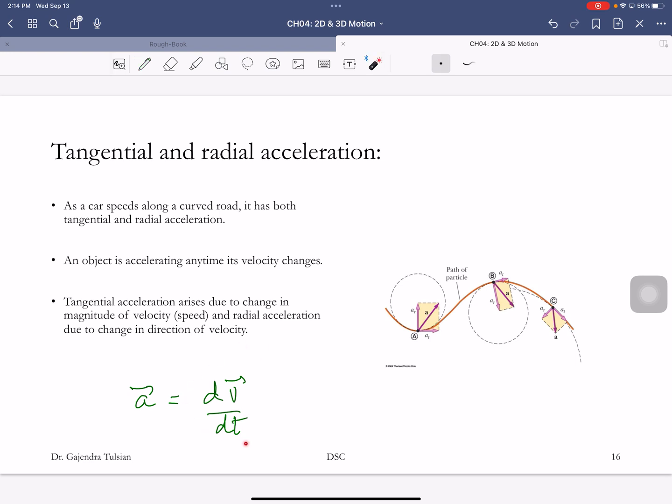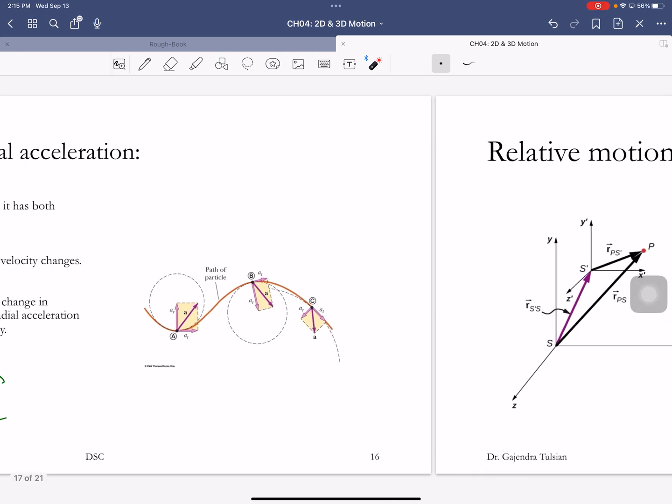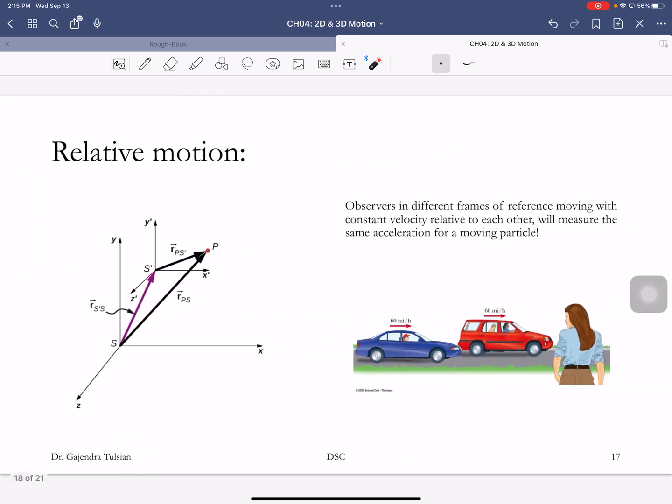If dv by dt is not zero, you're accelerating. And velocity can change by its magnitude changing or its direction changing. So tangential acceleration is when magnitude changes, and radial acceleration is when direction changes.